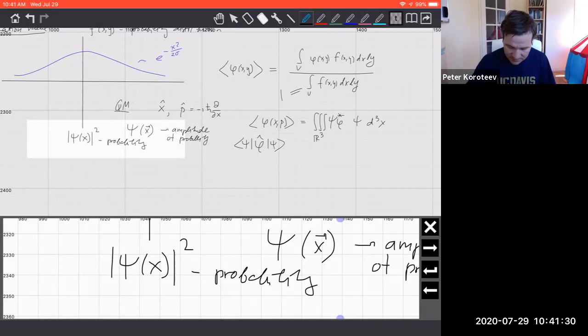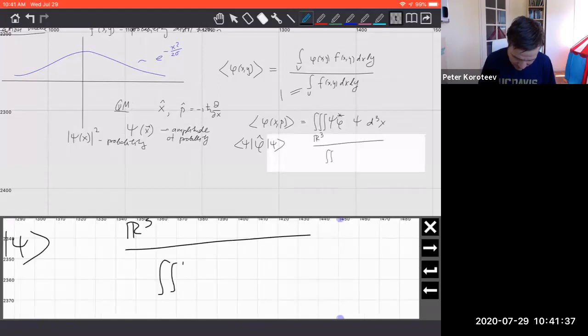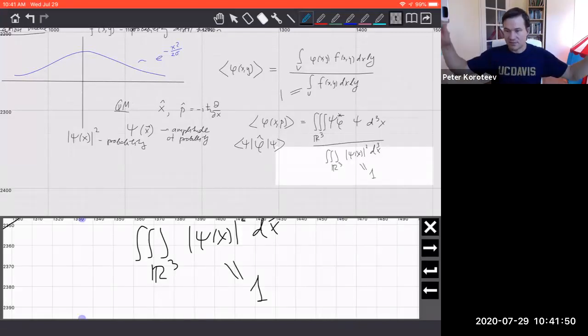So the fact that this integral here is equal to 1, you would need to divide it by this integral over psi of x squared d3x over the whole volume. And the fact that this thing is equal to 1 reflects the fact that the sum of all probabilities is equal to 1, right?